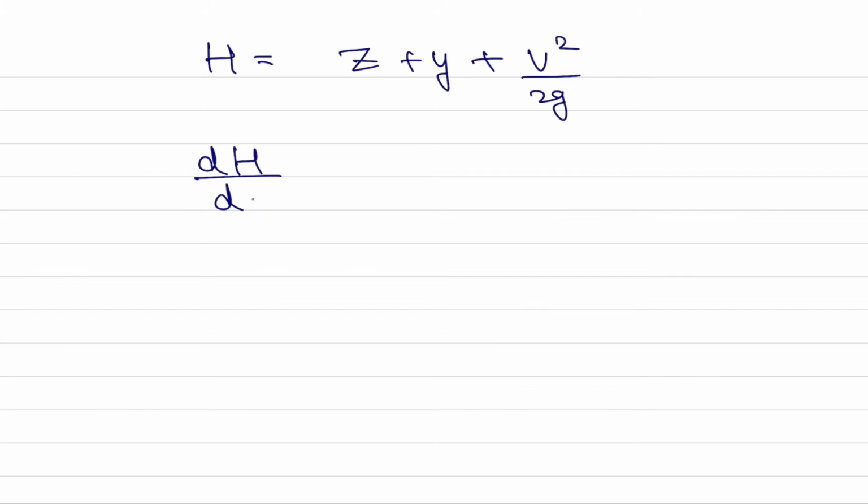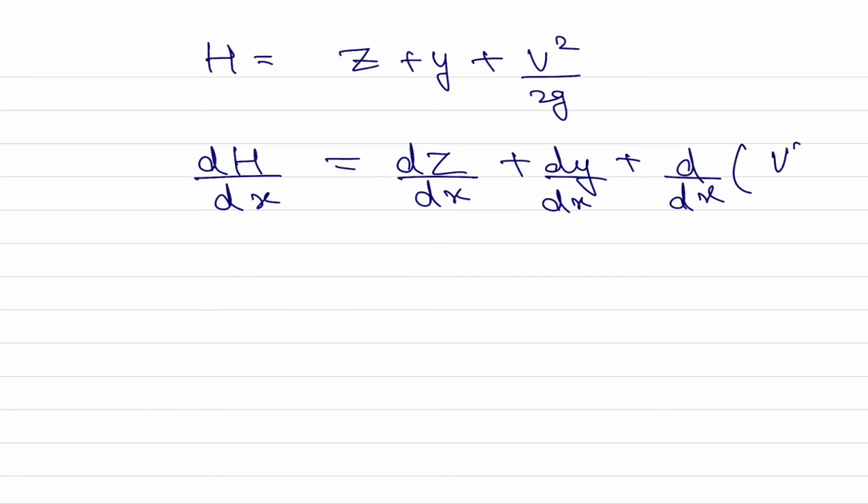First of all, we will develop some qualitative insights into how these profiles are going to look. Before we go there, let us go back to Bernoulli's theorem, which can be written as H = z + y + v²/2g. If we take the derivative on both sides, we can write dH/dx = dz/dx + dy/dx + d(v²/2g)/dx.